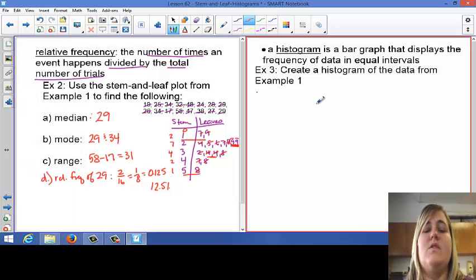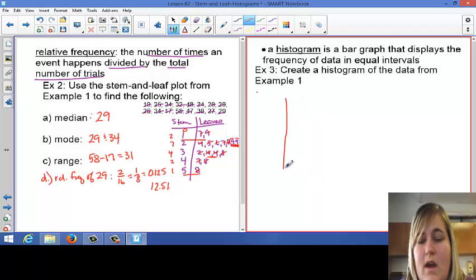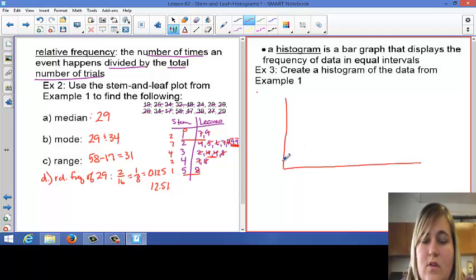Alright, so we're going to use this stem and leaf plot to create a histogram. So I know my frequency ranges from 0 to 7, so I'm going to go from 0 to 10 down my y-axis. Okay, so I have 2, 4, 6, 8, 10.